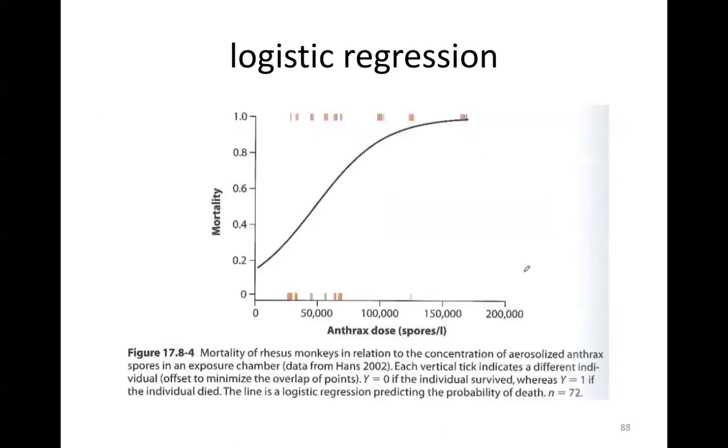Okay, and the last type of regression we will learn is logistic regression. Multiple regression we'll learn later. So logistic regression, we had mentioned this in the first part of the lecture. It's a type of regression where the response is binary. It's 1 or 0.